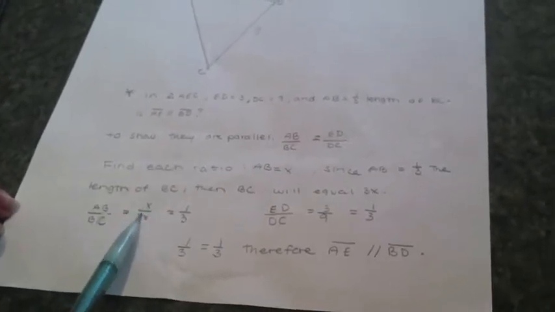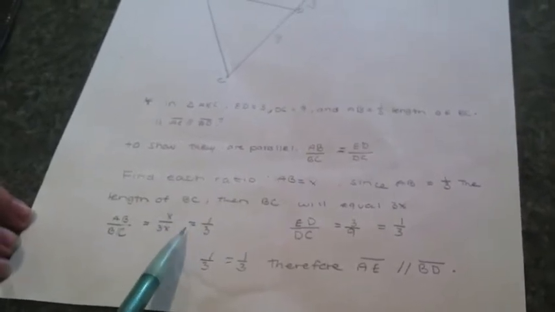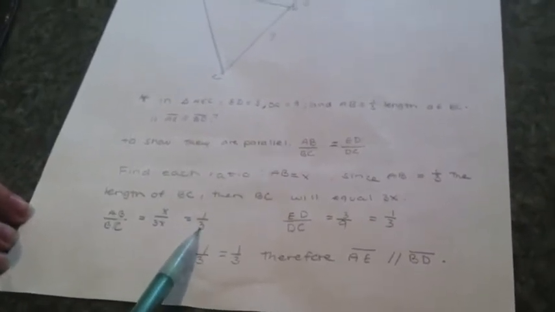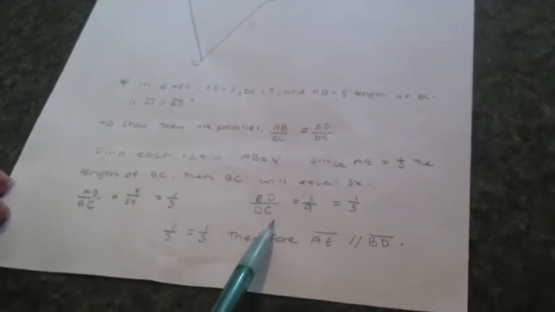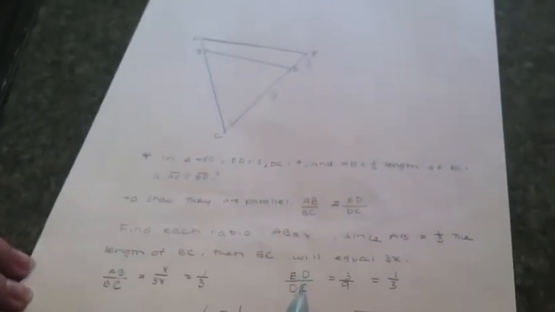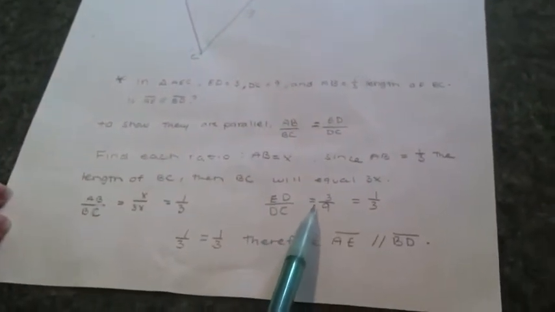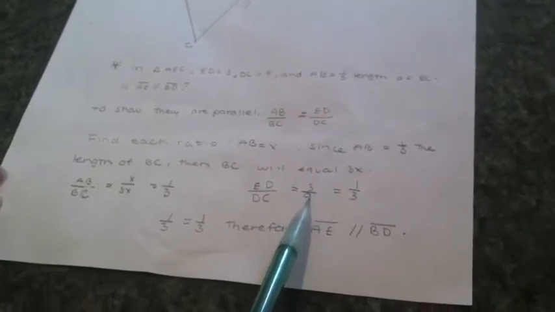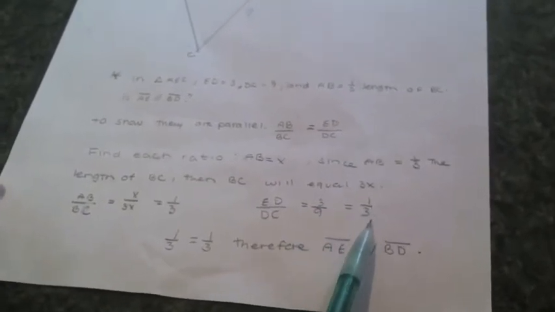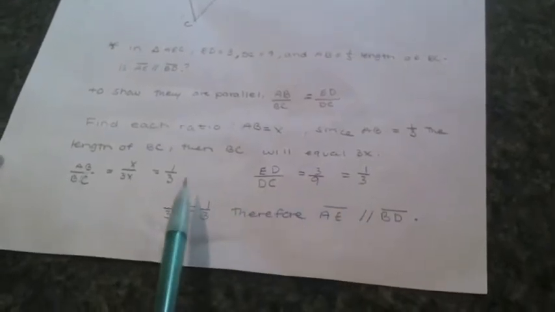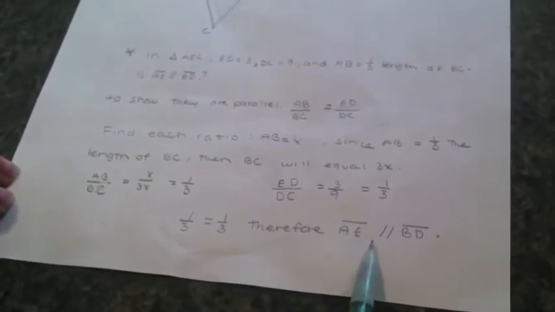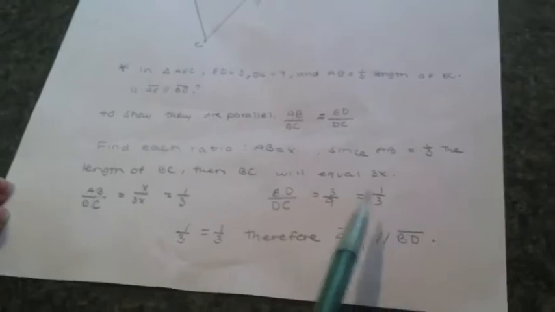You cancel out the X's, and AB over BC is equal to 1/3. Using the numbers given up here, ED over DC is equal to 3 over 9, which also simplifies to 1/3. Since both of the segments are 1/3, therefore AE is definitely parallel to BD.